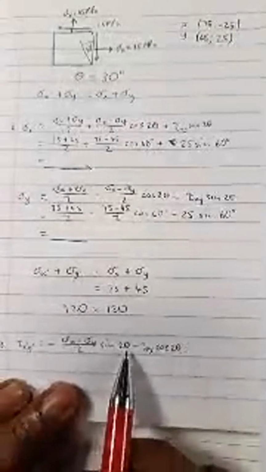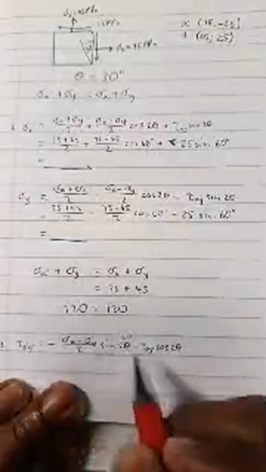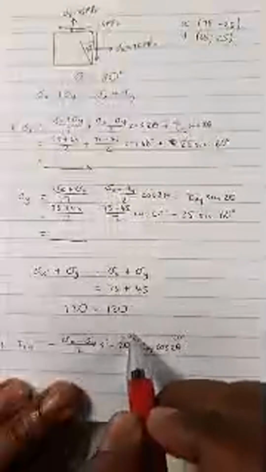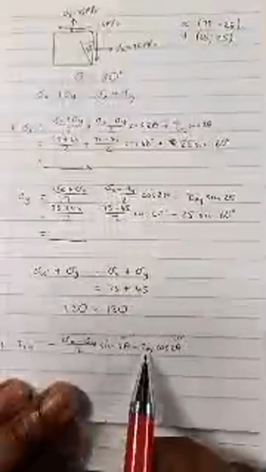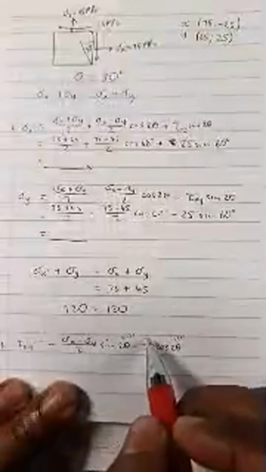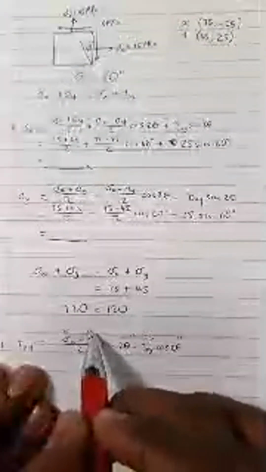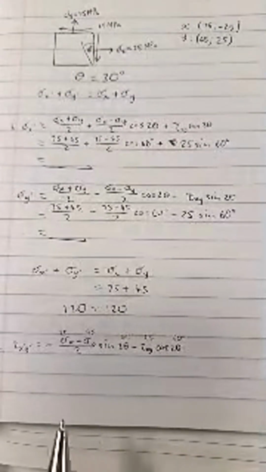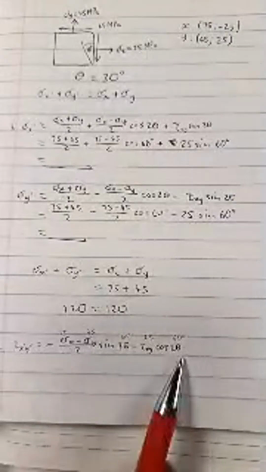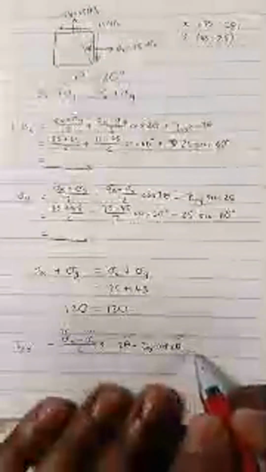Remember, this is 2 times 30, that means it is 60 degrees. This one, remember, it was 25. Then this one, it was 75. This is 45. So that's what you have. You just put those values, you get the answer. That's how we solve this problem.